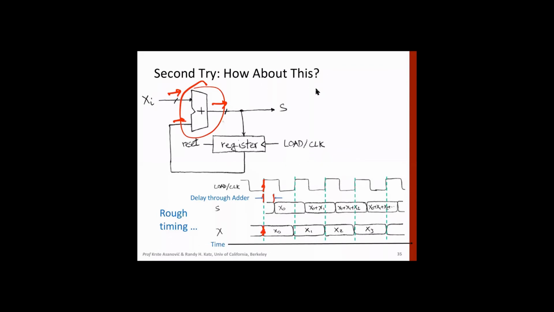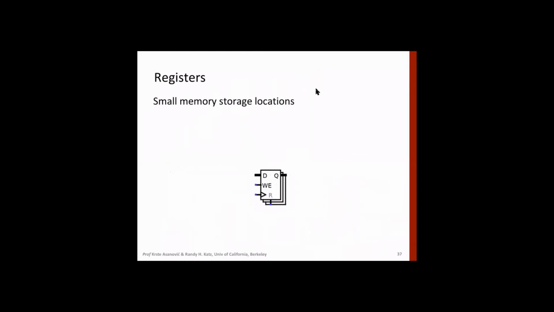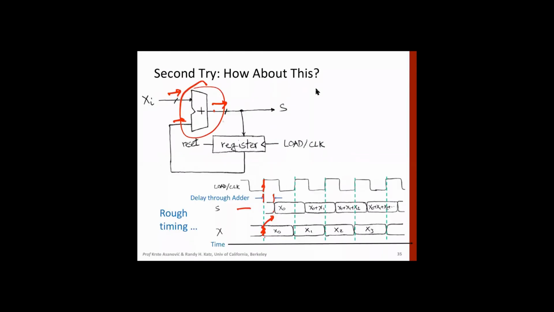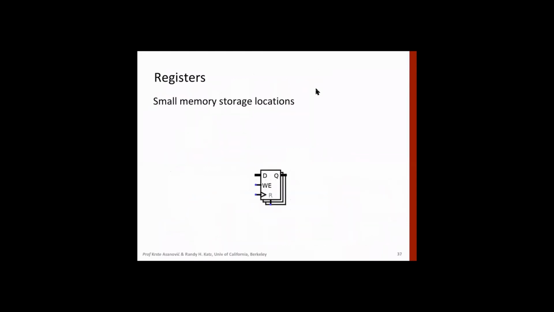The operation is happening here, but the output will be available after some delay. So these two inputs are available at this instant, and the value of S will be available only after some time, which is the combinational logic delay. We'll come back to this diagram a little later as well.